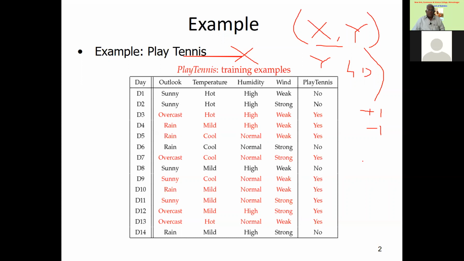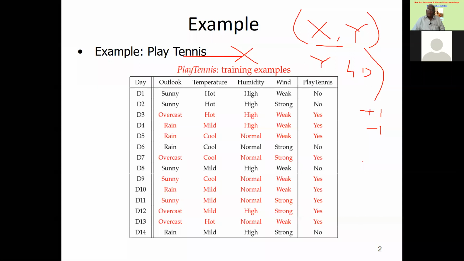So X is the set of independent features. In a real-life situation, these features may be truly independent or they may be dependent on each other. That's a different part we'll see later on, but the possibilities are there.